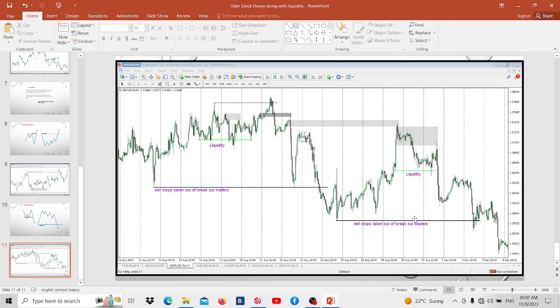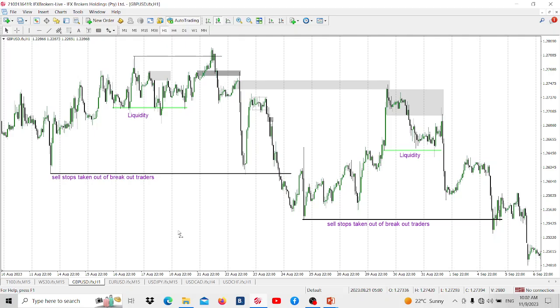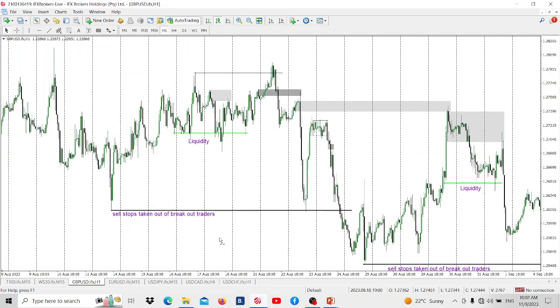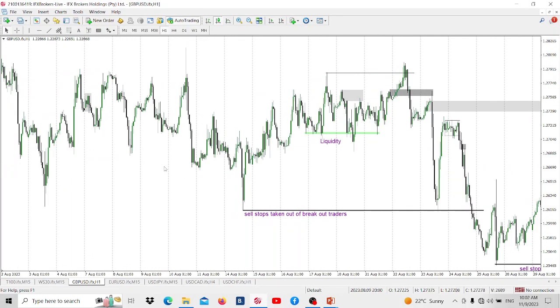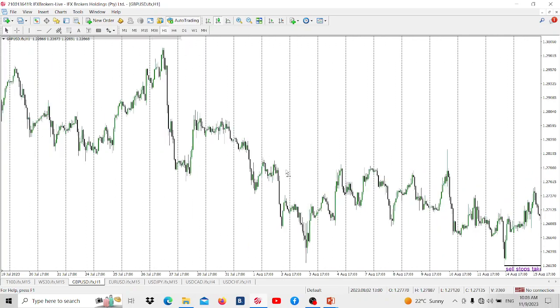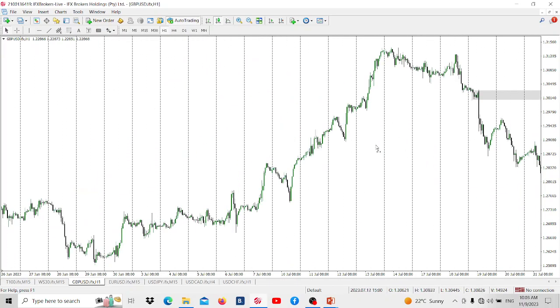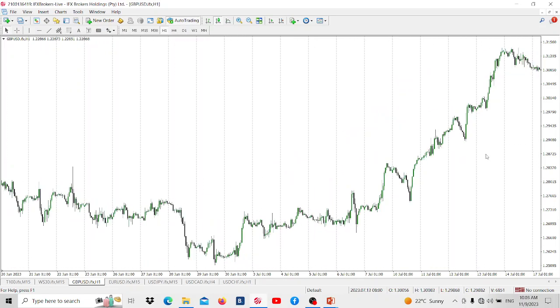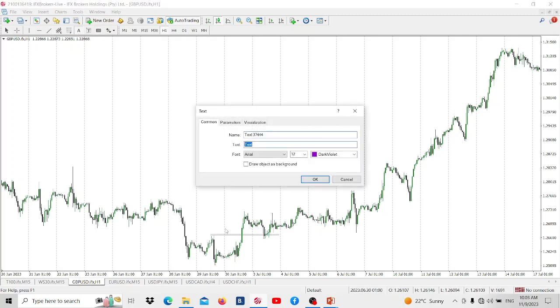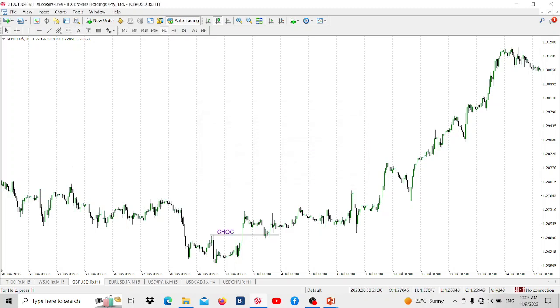Now let's go to the chart to look clearly at how we would define order blocks, right? Let's start here. When the market, as you can clearly see, had what we define as a change of character, right?